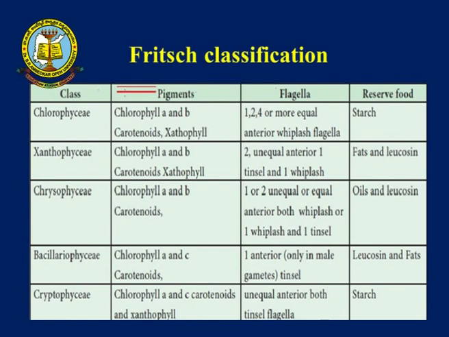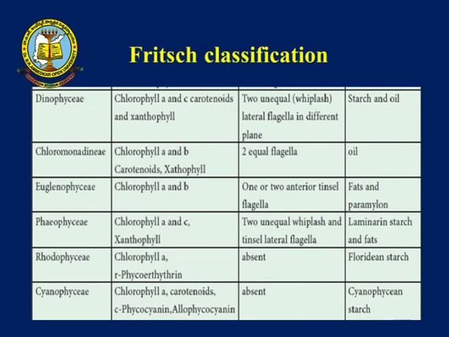Bacillariophyceae: chlorophyll A and C, carotenoids, one anterior flagellum present, and reserve food material leucosin and fats. Cryptophyceae: chlorophyll A and C, carotenoids and xanthophylls, unequal flagella at the anterior side, reserve food material starch. Dinophyceae: chlorophyll A and C present, carotenoids and xanthophylls also present, and two unequal whiplash flagella arranged at the lateral side.